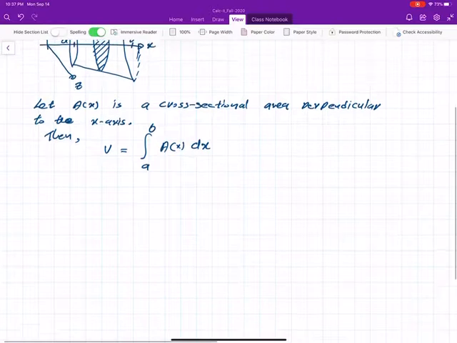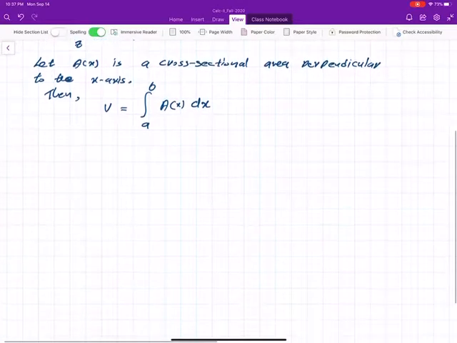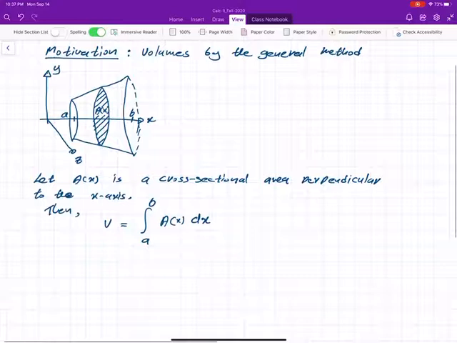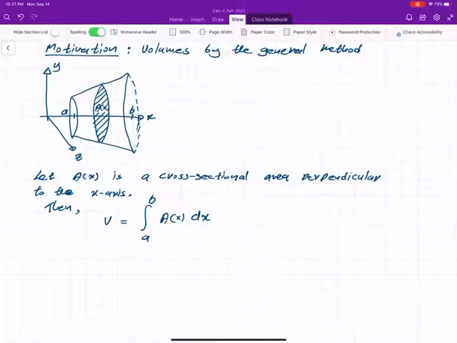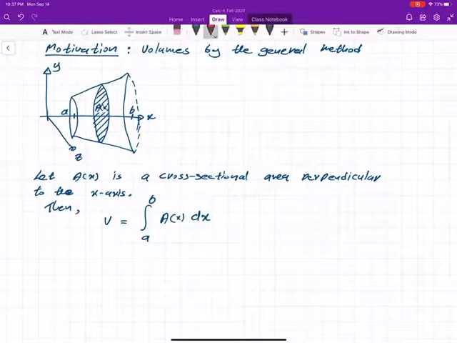And similarly, you can think of some other cases. In this case, this cross section is perpendicular to the x-axis.